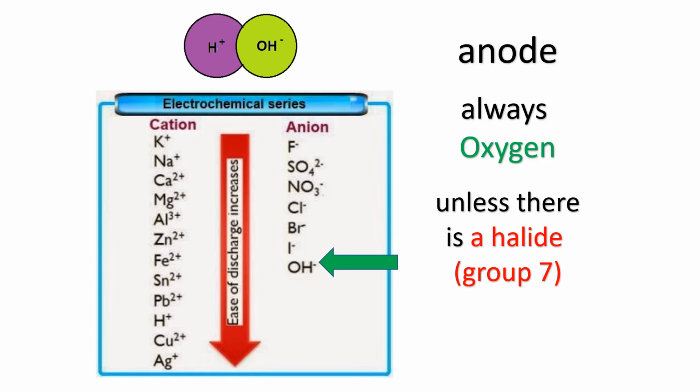Ignore it. So you will always discharge oxygen unless you have fluorine, chlorine, iodine, bromine, or astatine. How would you remember what group 7 is? Well, you don't need to. You will have a periodic table, so just double check. If you've got chlorine, chlorine will be discharged. If you've got iodine, iodine will be discharged. If you do not have a group 7, it's always going to be oxygen.